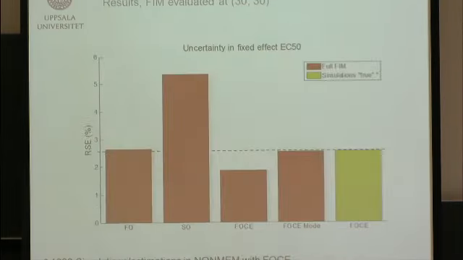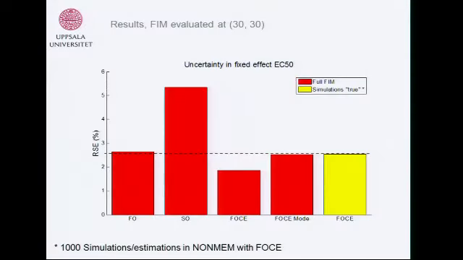So if we then look at the result of this 30-30 point, even though we have this massive shrinkage, I would say we can see that the FOC method performs very well if we compare that to the truth. Here we look at the relative standard errors, and we have these different approximation methods again. And this is the fixed effect EC50 parameter.